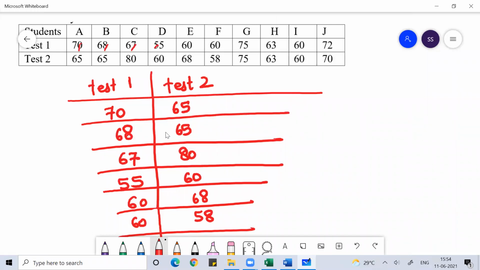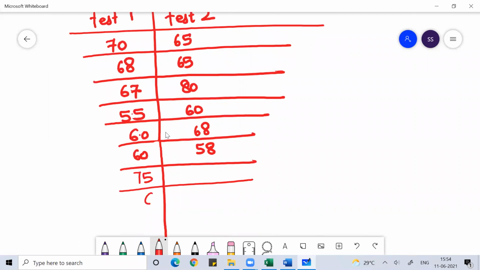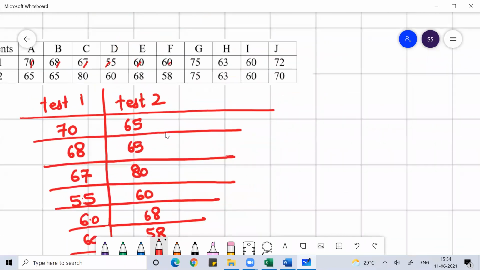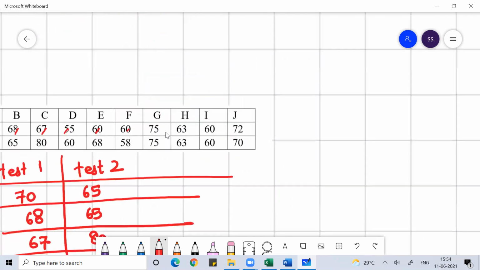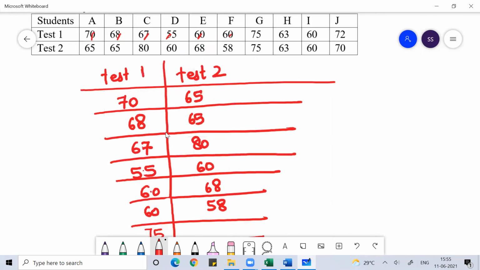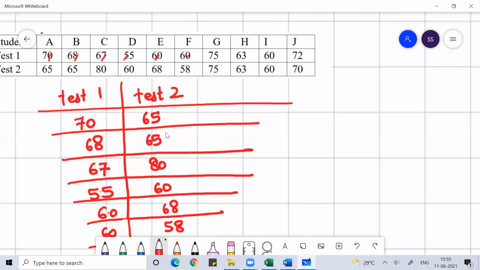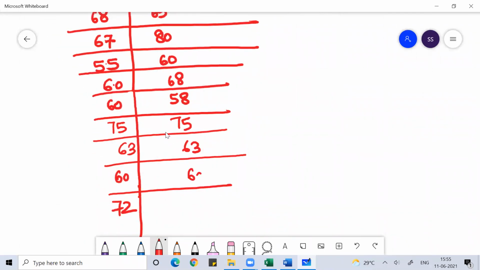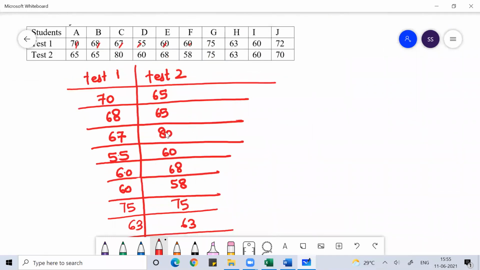Test two: 75, 63, 75, 63, 60, 72, 65, 65, 80, 60, 68, 58, 75, 63, 60, 70. So this is the data, guys.